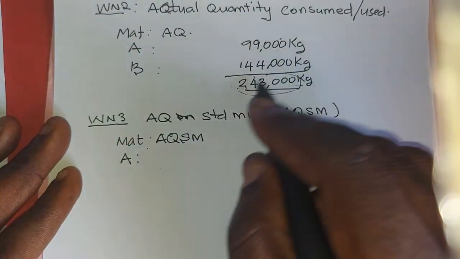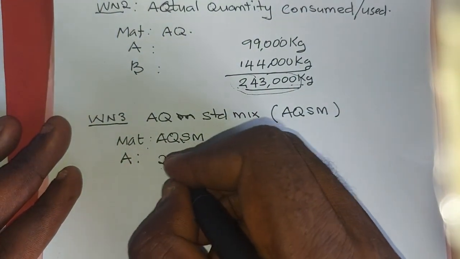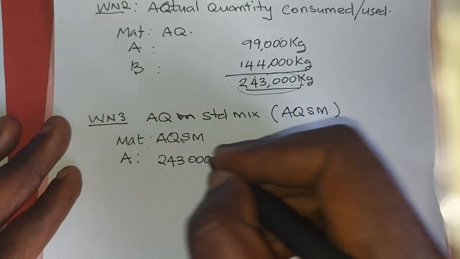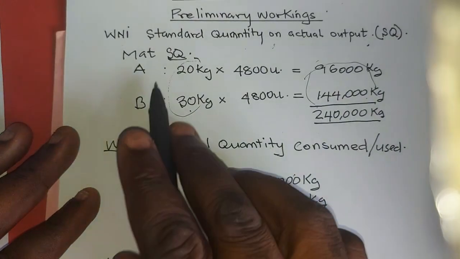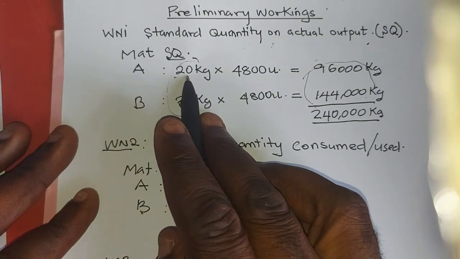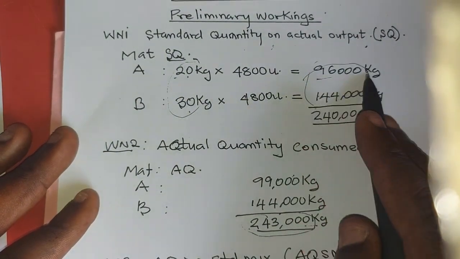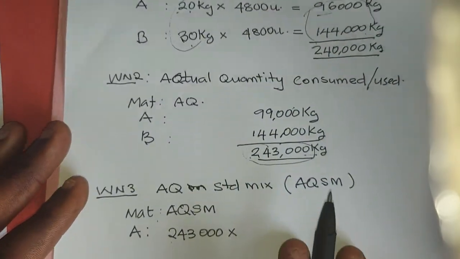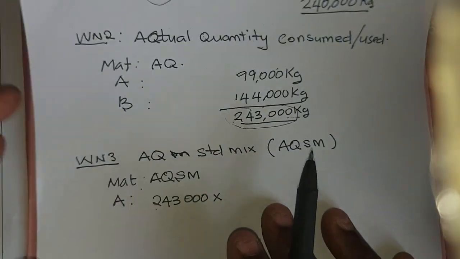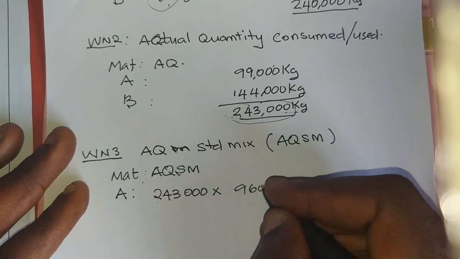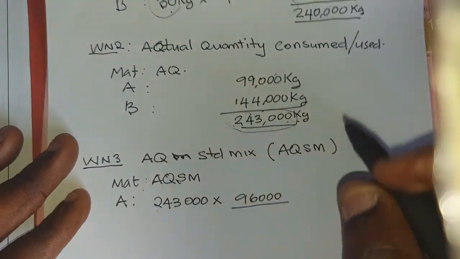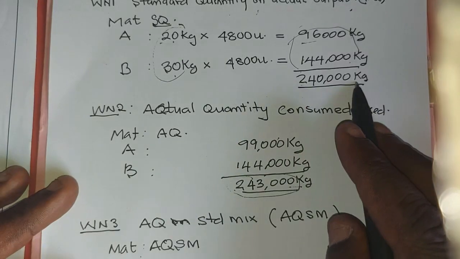Our actual quantity is 243,000 in standard mix. The standard mix of A is either you use 20 or you make use of 96. You can try the two, you get the same answer, but let me make use of the 96 here, all over the total of 240.